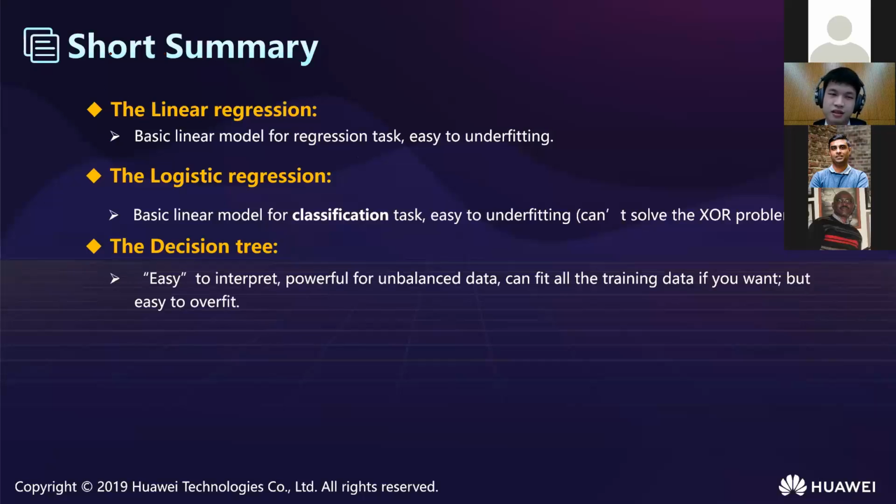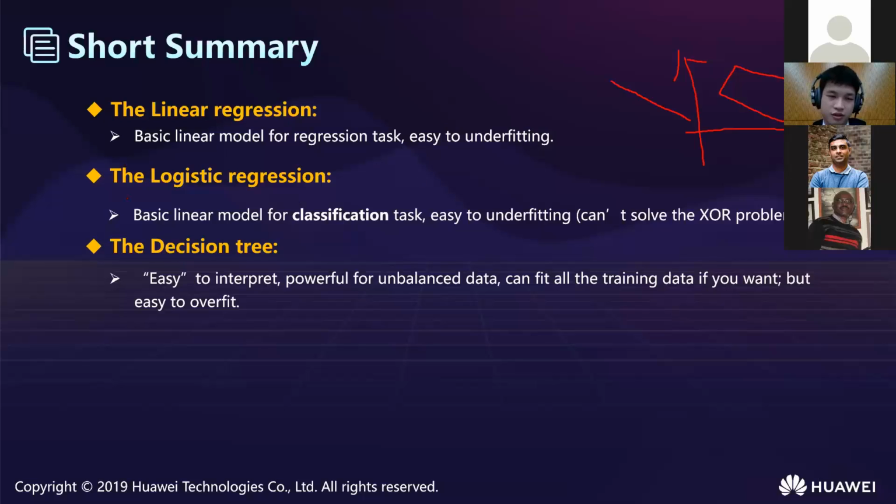Okay, and we will do a short summary of the traditional machine learning models. The linear regression model can do the regression task, but it is easy to underfit, because the linear regression model is very simple, just using one line to predict the data.